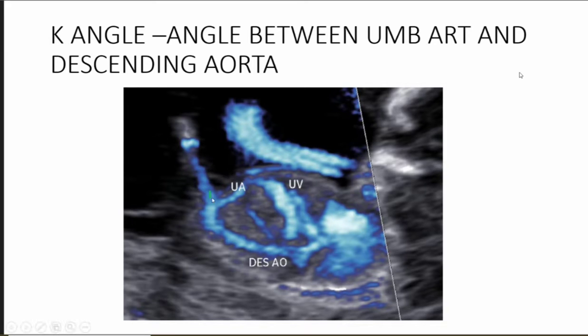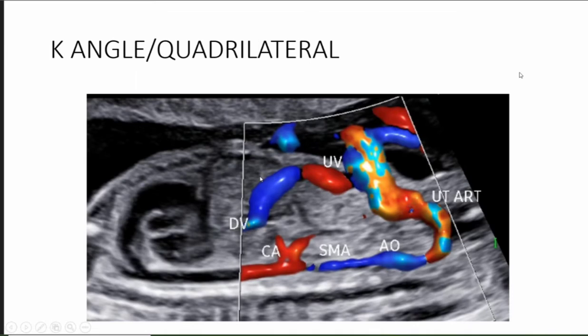The quadrilateral sign: umbilical artery entering and communicating with the descending aorta, umbilical vein going into the IVC, forming the quadrilateral sign.